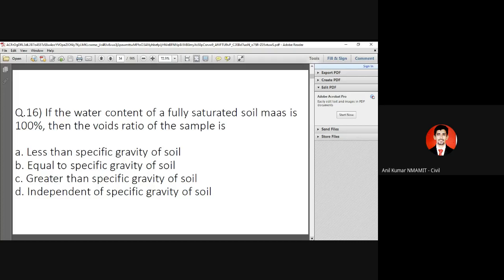We have to say whether the void ratio is less than the specific gravity of the soil. Just remember what is the relationship between the void ratio and the specific gravity. Is there any relationship between the void ratio and the specific gravity?